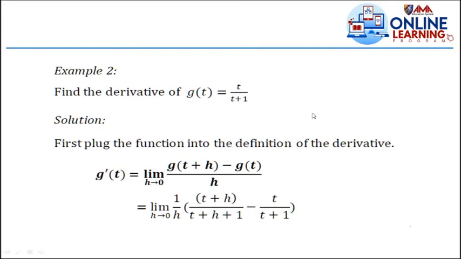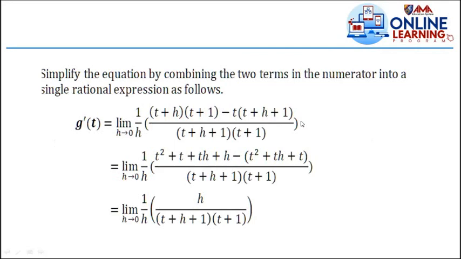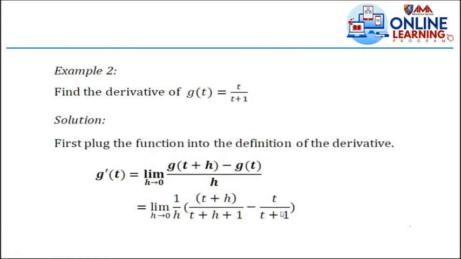Okay? Next, simplify the equation by combining the two terms in the numerator into a single rational expression as follows. Okay? So, ang susunod po natin na gagawin, we're going to get their common divisor, or the least common denominator po nila. So, ang gagawin po natin, i-multiply natin itong dalawa. t plus h plus 1 multiply by t plus 1.